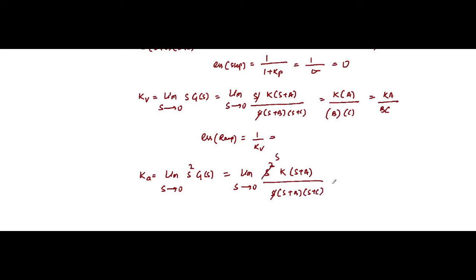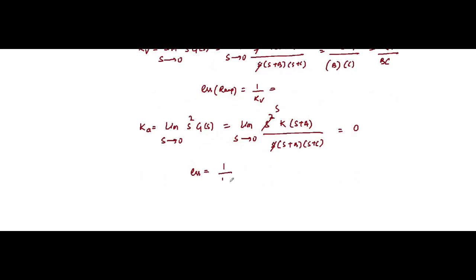So here in the numerator it becomes s. Again, when we substitute s with 0 in the numerator, we will have 0 being multiplied with whatever other values there are. So in the numerator there will be 0. So when in the numerator the net result is 0, the total value will become 0. Okay, so here Ka is equal to 0.